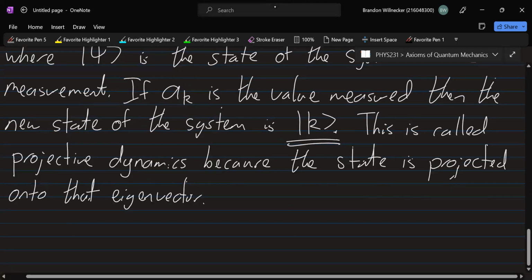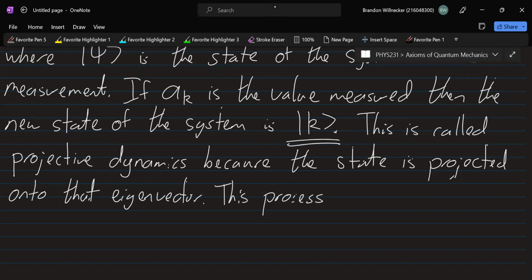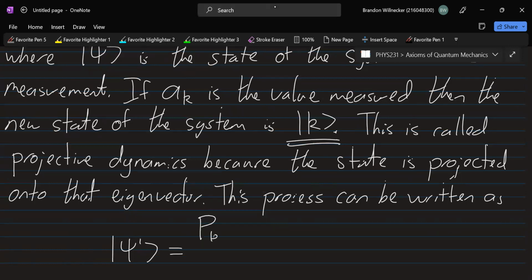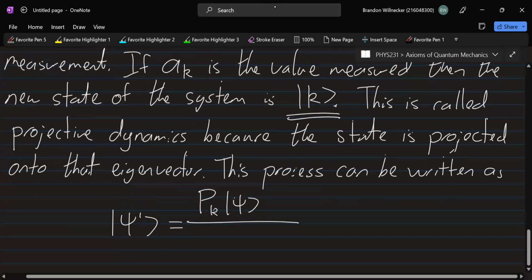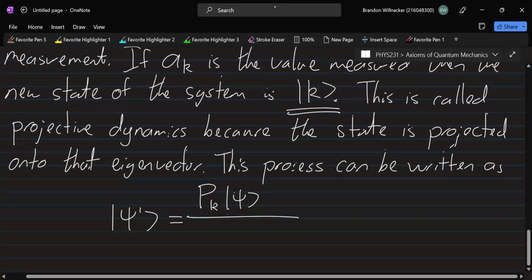So we could write this process as: the new state after measurement is P_k acting on the state, and that's going to give us a new state.